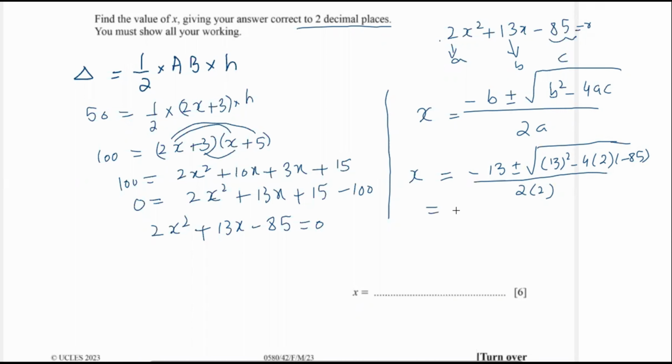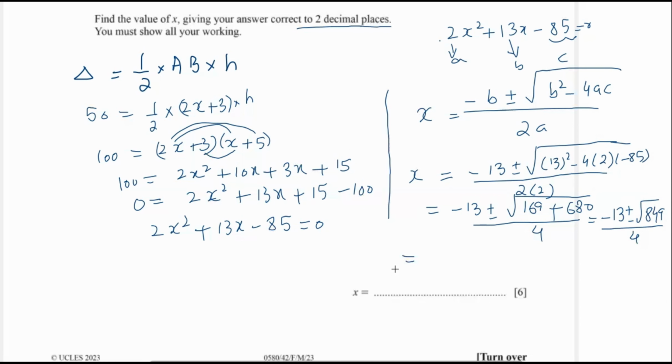Now we can write it as minus 13 plus minus the square root of 169 plus 4 times 2 is 8, 8 multiplied by 85, we get 680, divided by 4. Therefore, that is equal to minus 13 plus minus the square root of 849 over 4.